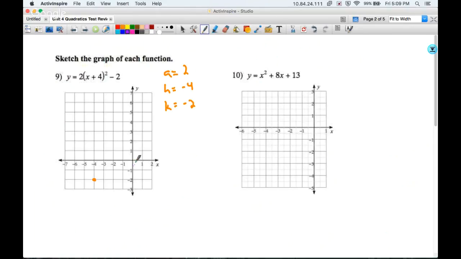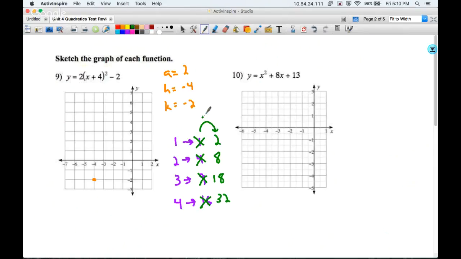And then to figure out what to increment by, I start with the pattern. 1 goes to 1, 2 goes to 4, 3 goes to 9. I'm just squaring my numbers. 4 goes to 16. And I multiply all of these by my A value of 2. So 1 now becomes a 2, this becomes an 8, this becomes an 18, and so on. So that was all times 2.